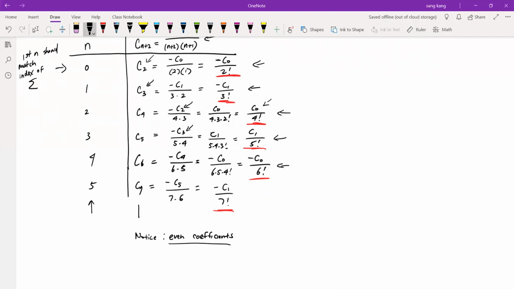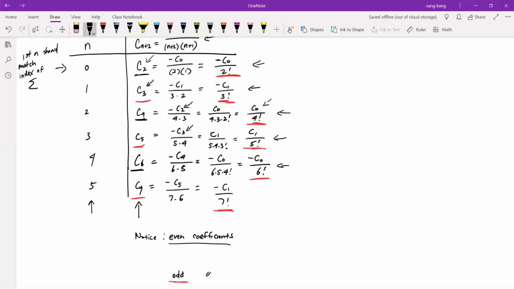Look at this column here. So I'm looking at the even coefficients here. Those have a certain pattern, and the odd coefficients also have a certain pattern, right? So the even coefficients, they're all in terms of C sub 0, and it alternates, negative, positive.